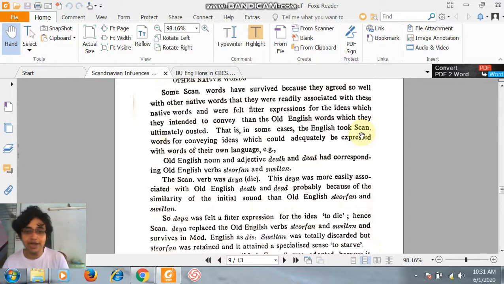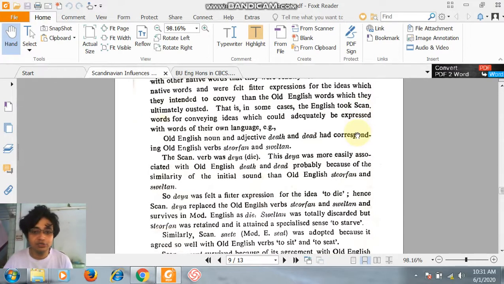Old English noun and adjective death and dead had corresponding Old English verbs, steorfan and sweltan. I already said steorfan actually meant die. The Scandinavian verb was actually deyja, that is die.